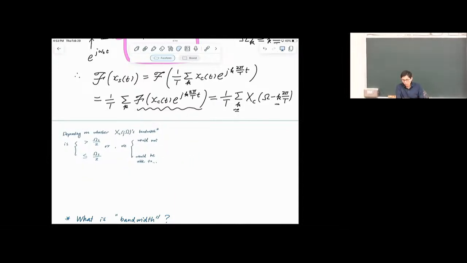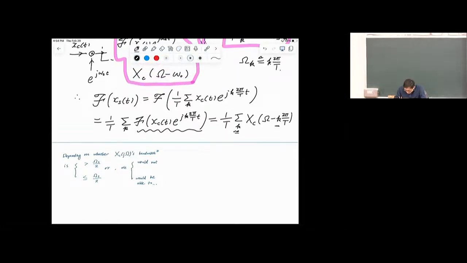All right. So now we want to draw a few pictures in the frequency domain. Remember that we assume we have a signal, any signal in time, and after taking the Fourier transform, it goes to the frequency domain.